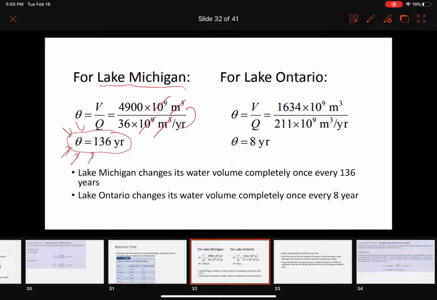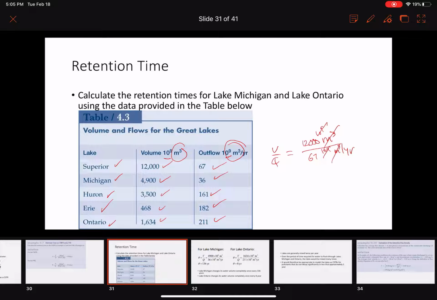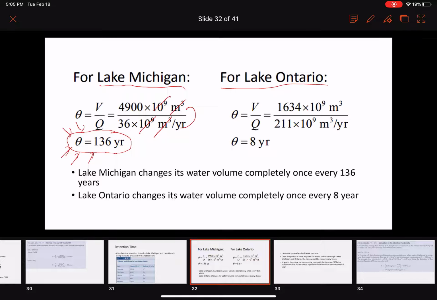Let's look at Lake Ontario. Volume over Q. You just get the volume. Look, for Ontario, the volume is that much, and the outflow is 211. So this with this, you'll end up with 8 years. Oh, this water is really fresh.